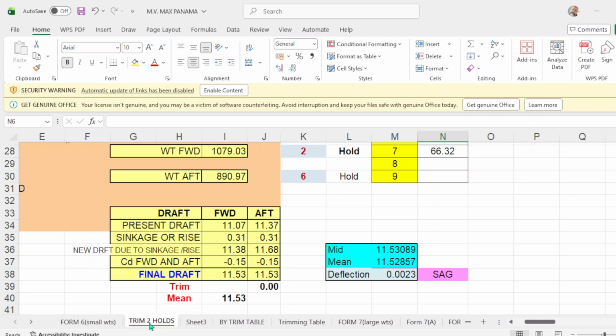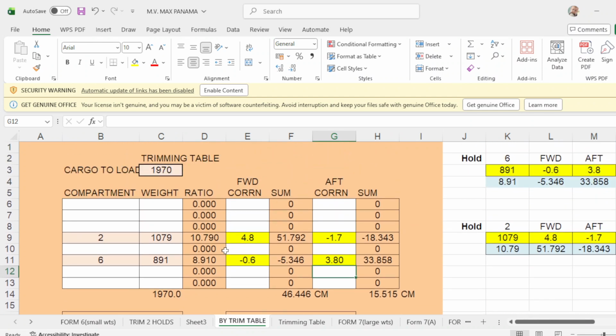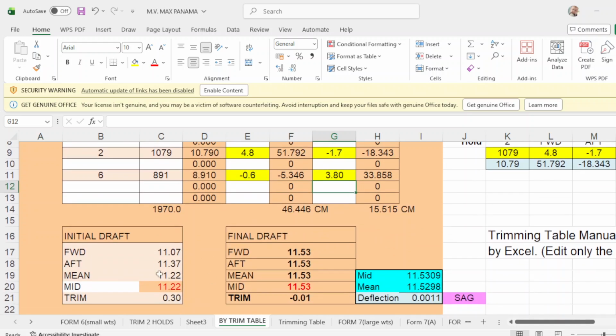Your main is almost 11.53, and you have a 0 deflection. Okay. Then you go to your trim table. You have now your remaining cargo total of 1970. Number 2 is 1079 and number 6 is 891. Take out the forward and aft correction of number 2, and your initial drop is almost 11 meters.